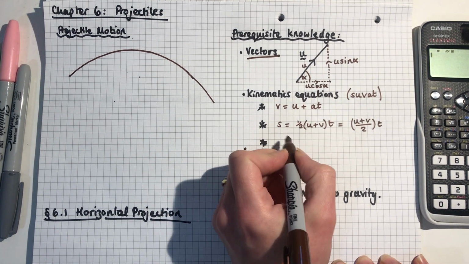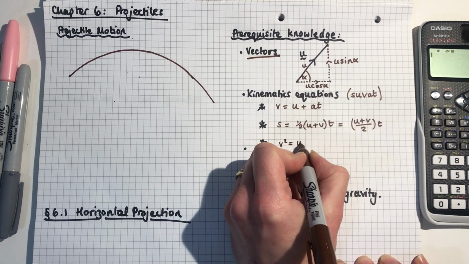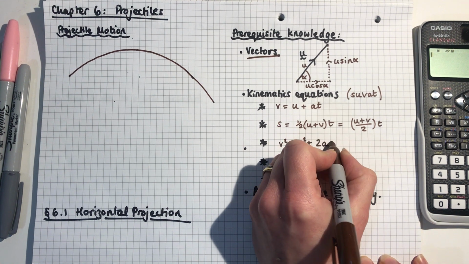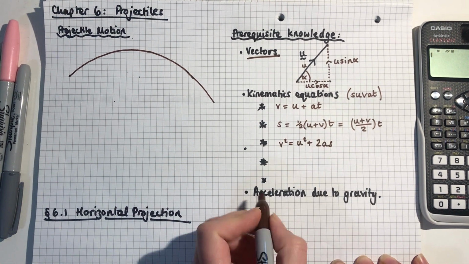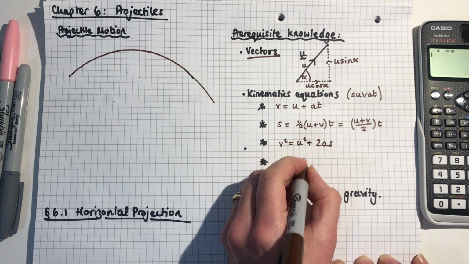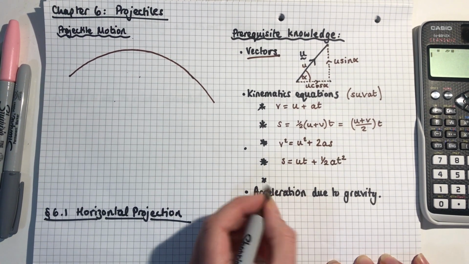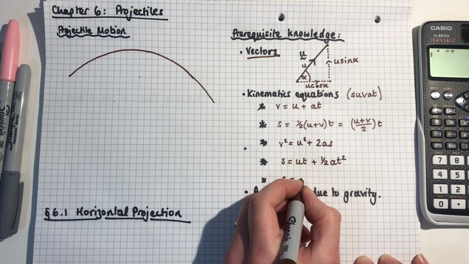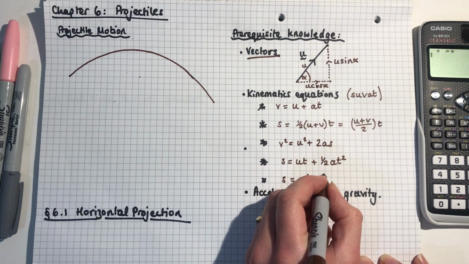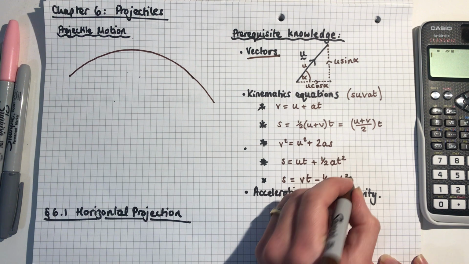You've also got v squared is u squared plus 2as, and then you've got everybody's favourite, s equals ut plus half at squared, and then everybody's least favourite, the variant on that one, which is s equals vt minus half at squared.